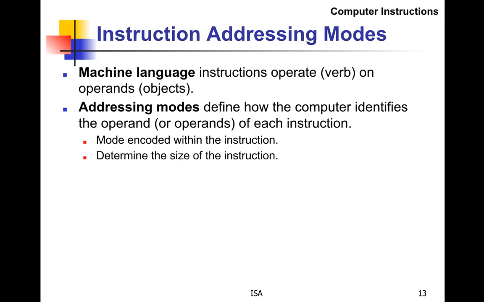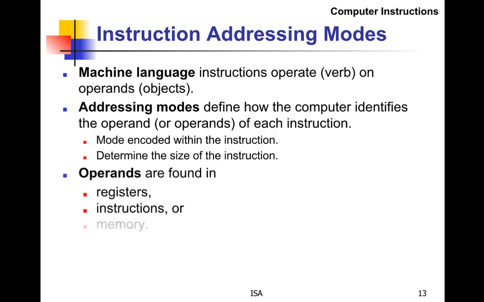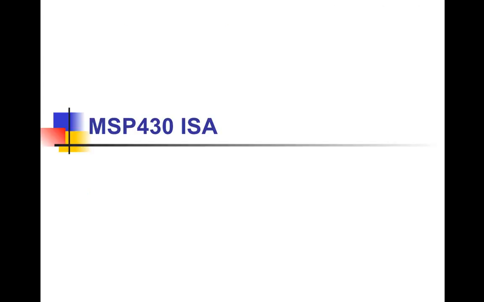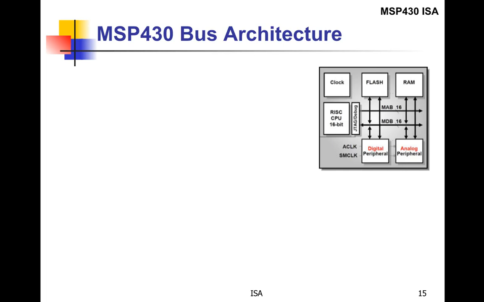You can determine the size of the instruction. Operands are found in registers, instructions, or memory, directly or indirectly. That means a pointer, kind of like you have in C. Or you can use indexed. In other words, it will advance the thing kind of like an array.